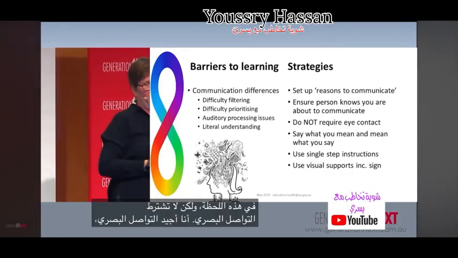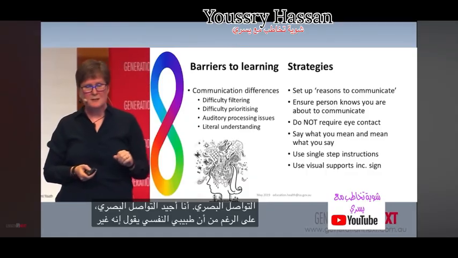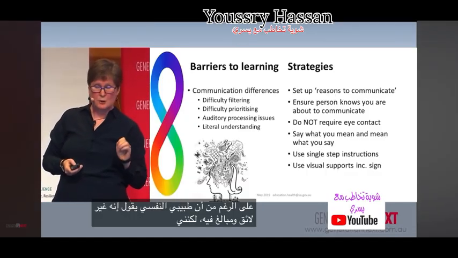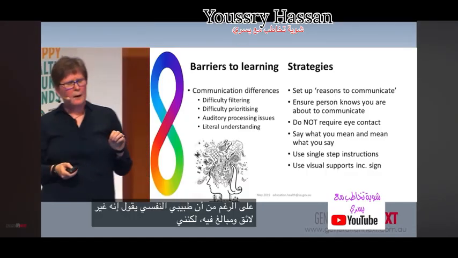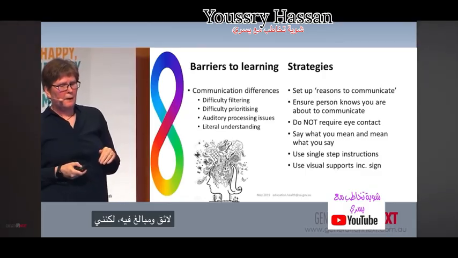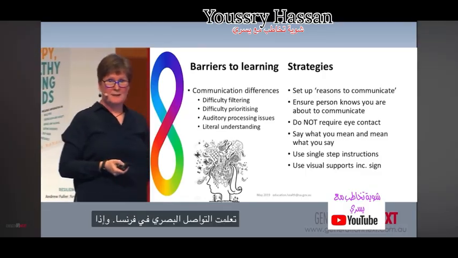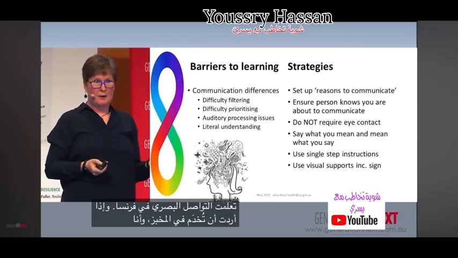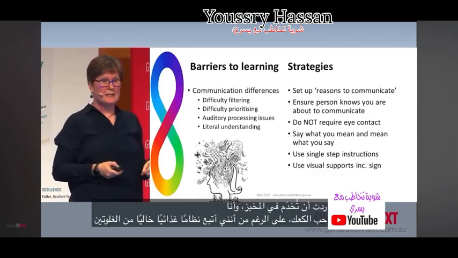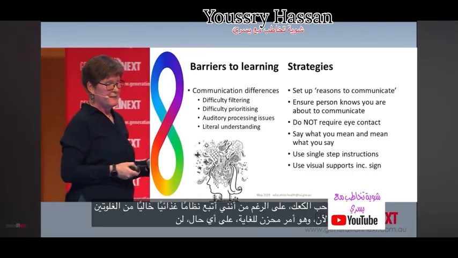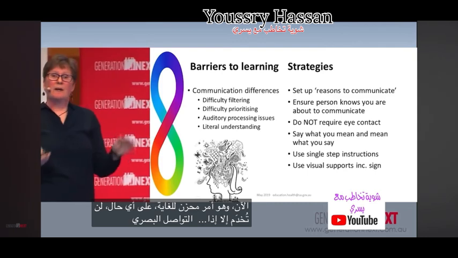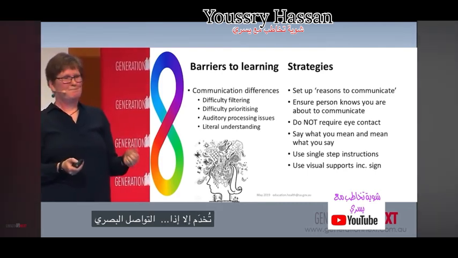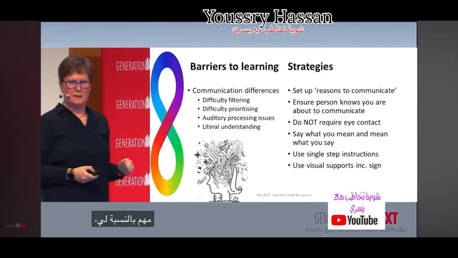I make very good eye contact, although my psychologist says it's inappropriate and too much. But I learned eye contact in France, and if you want to get served in the bakery, and I love cakes, although I'm gluten-free now, which is very sad, but anyway, you don't get served unless you make eye contact. I'm great at eye contact.